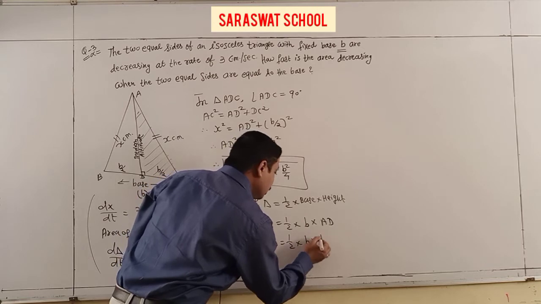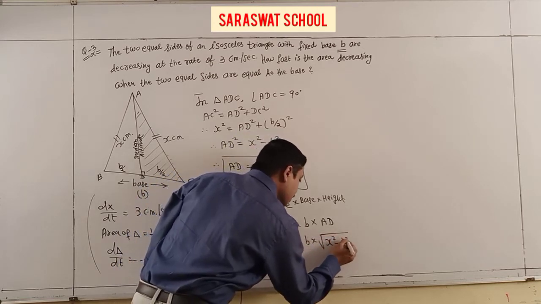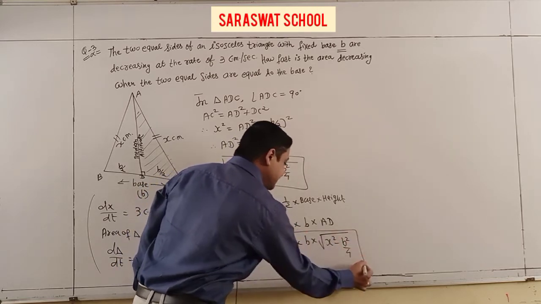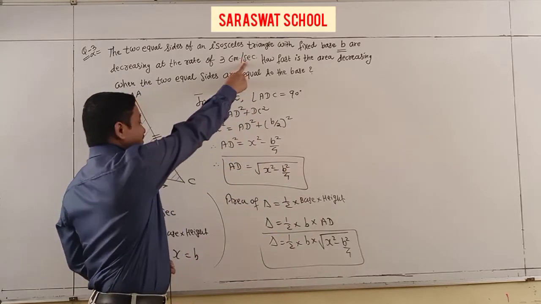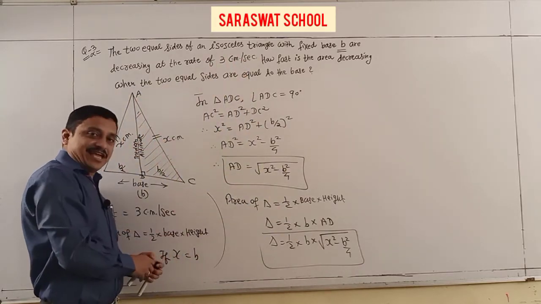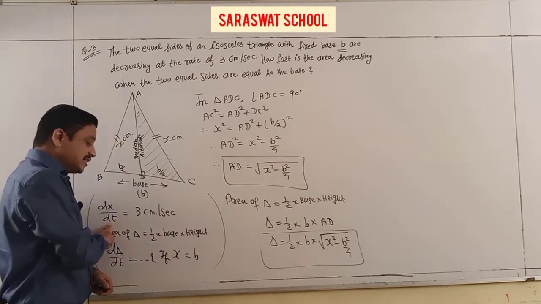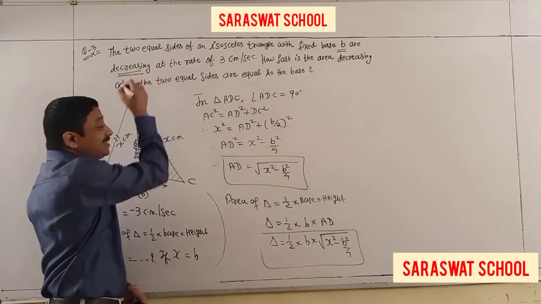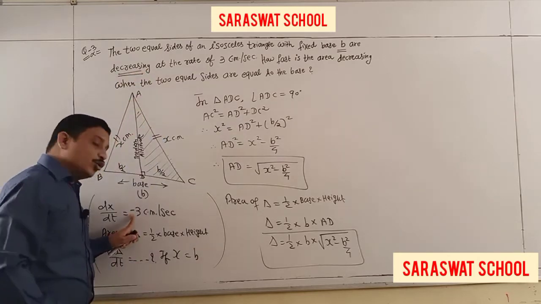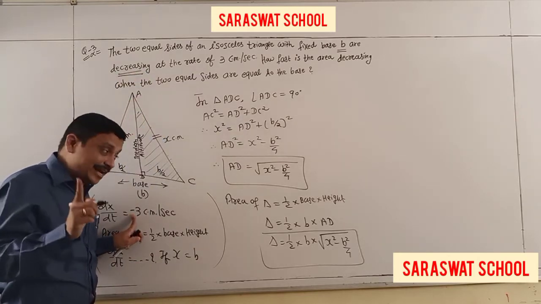So it is under root x square minus b square by 4. Now here students, I start my journey to derivative with respect to time, second versus find out the area. Yes, here students, dx by dt I take negative because it is given that it is decreasing. So you don't write positive, it is negative.